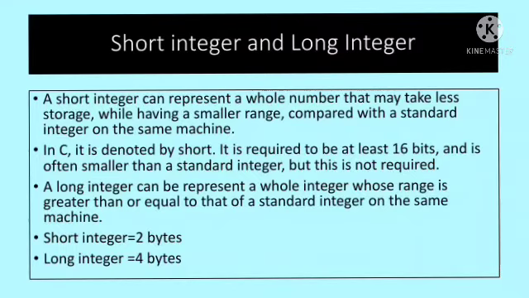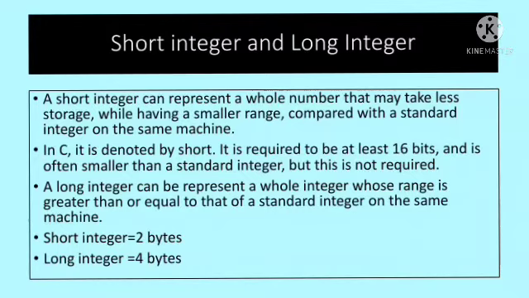Short integer and long integer. A short integer can represent a whole number that may take less storage while having a smaller range compared with a standard integer on the same machine. In C, it is denoted by short. It is required to be at least 16 bits and it's often smaller than a standard integer, but it is not required.